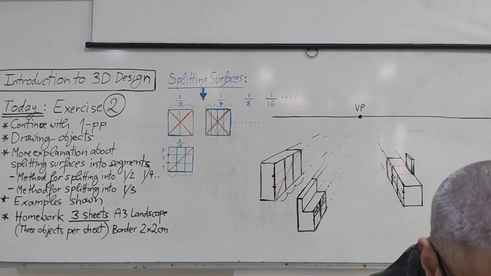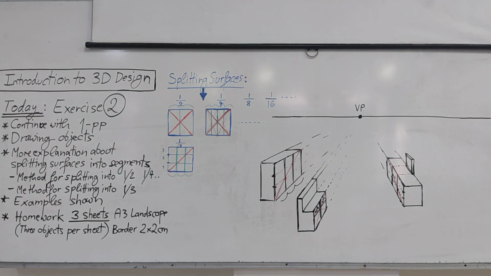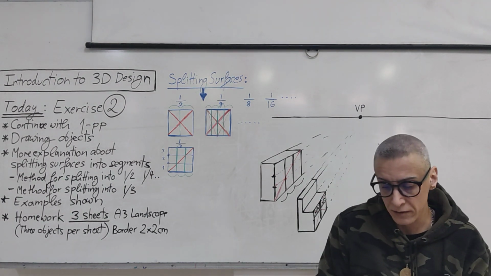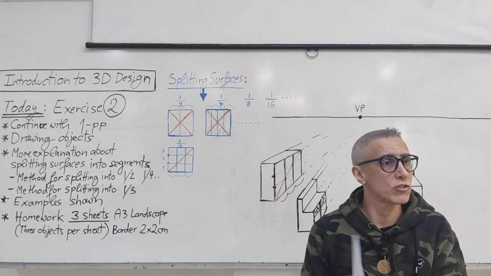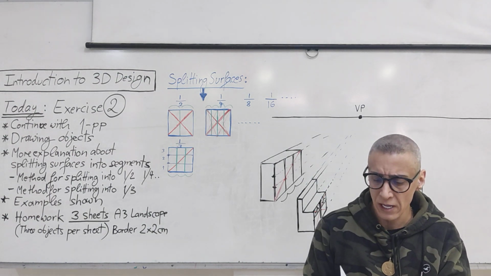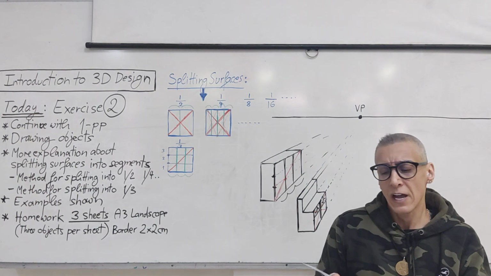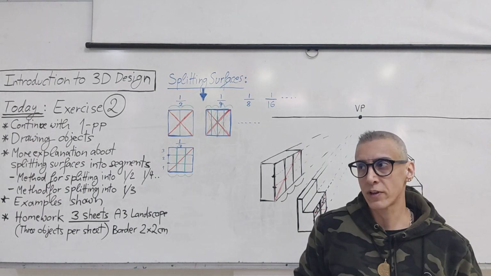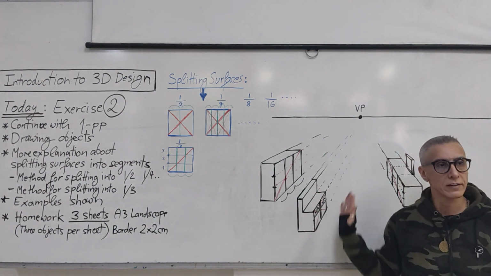Now, in the example sheets, you can see furniture pieces, simple objects, okay? It doesn't have to be furniture, but I want you to try to stick with whatever you're drawing, to stick with straight lines.